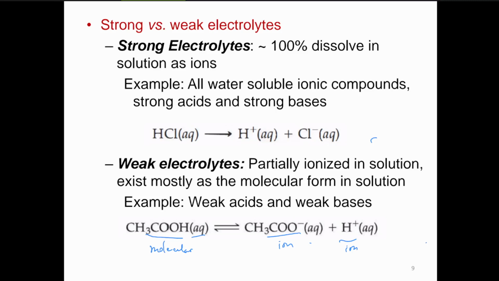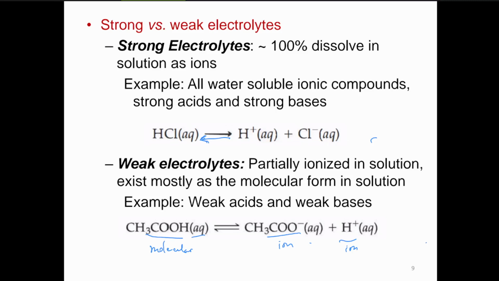For now, in general chemistry 1, you accept this definition. Later, when you learn in the second semester, general chemistry 2, it becomes much simpler. You also consider that the strong electrolyte is dissolved in the solution and has an equilibrium.